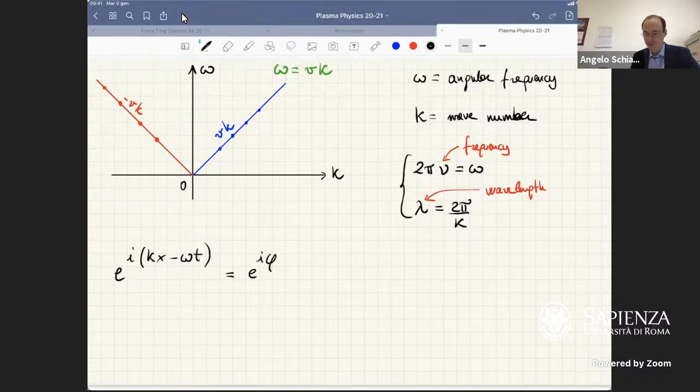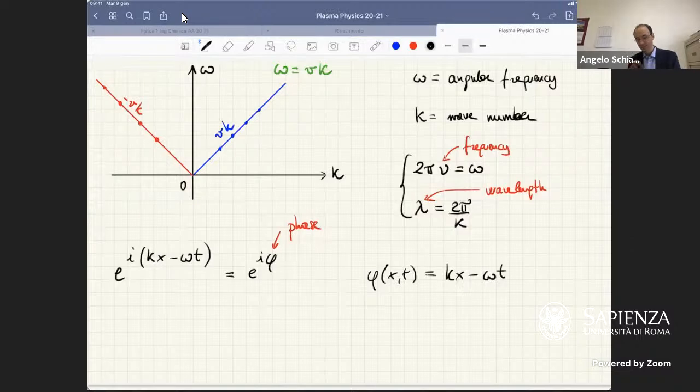The phi is the phase represented by this term. And so the phase of the wave, phi, is a function of x and t, which is just kx minus omega t.